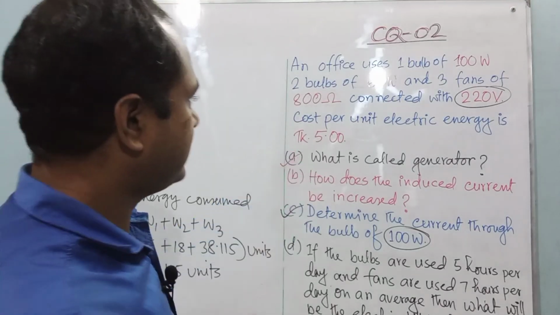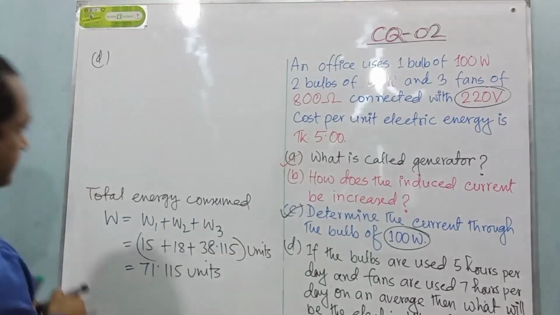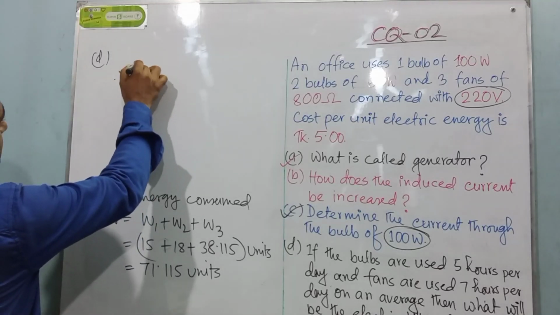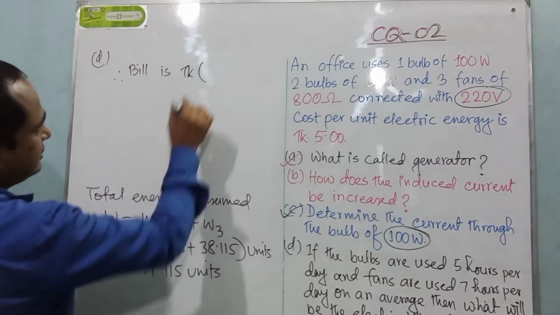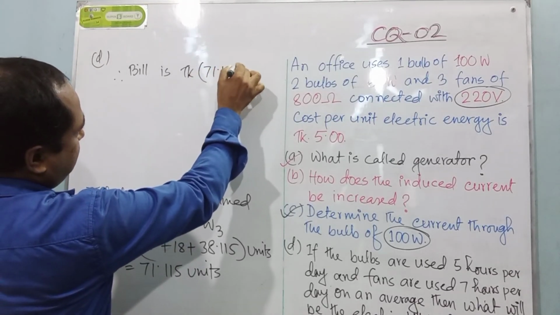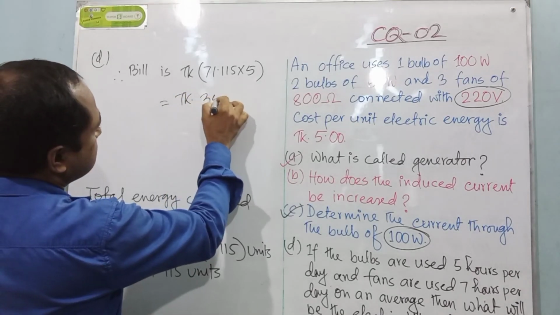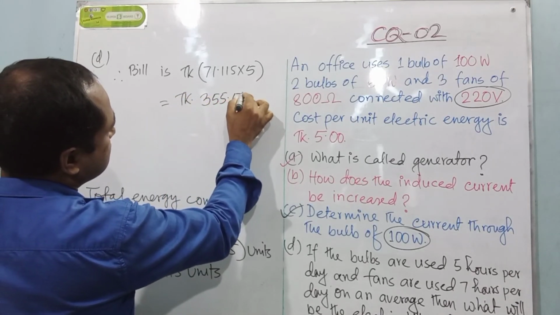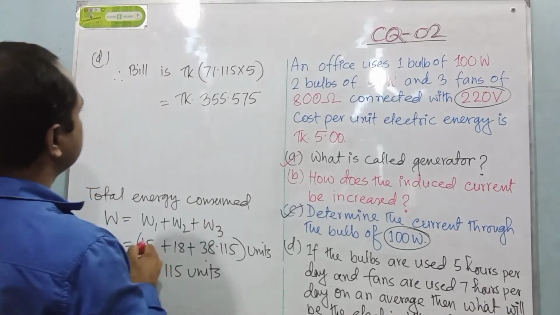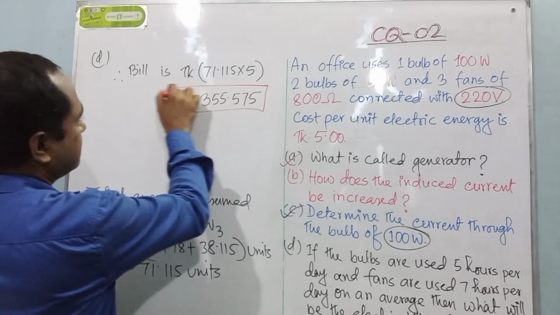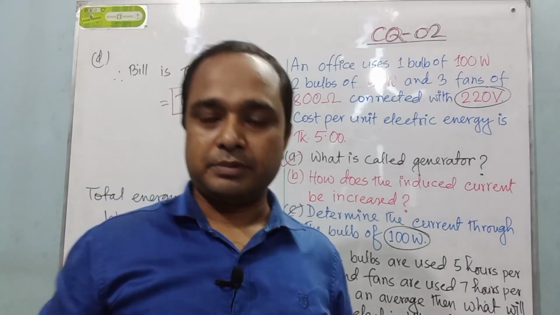So bill per unit of electric energy is taka 5. So the bill is taka 71.115 multiplied by 5. Okay, so this is the bill for the month of April for all the appliances.